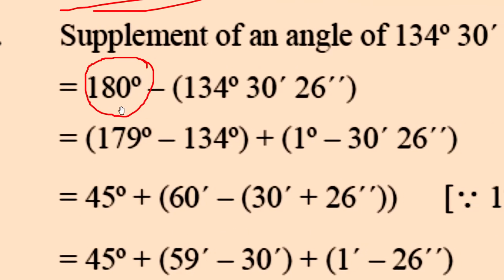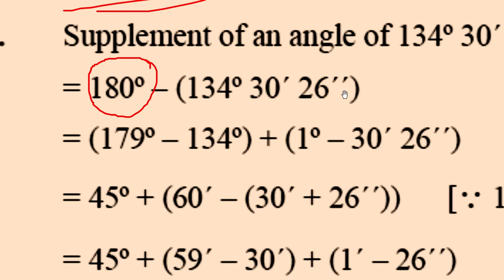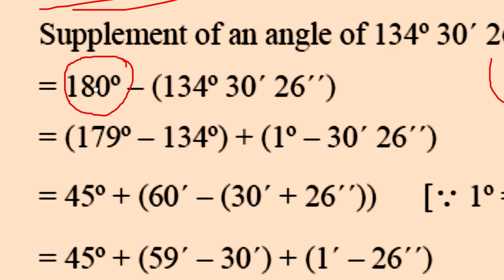So from 179, let's remove this 134 degrees, plus from 1 degree, let's remove this 30 minutes 26 seconds, because 180 is 179 plus 1.